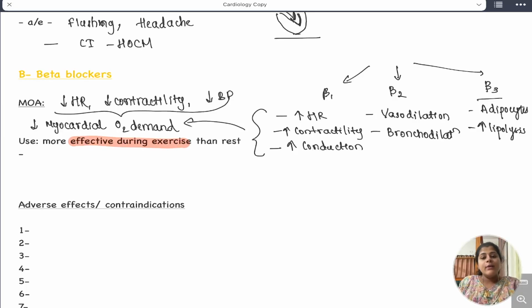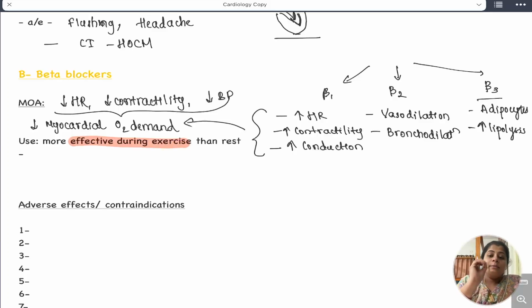One more important thing about beta blockers is that they improve survival and reduce the reinfarction rate. This is very, very important, and this is the reason why we choose beta blockers over calcium channel blockers. If you compare beta blockers and calcium channel blockers, you always prefer beta blockers. Only when there is a certain contraindication do you shift the patient to calcium channel blockers.